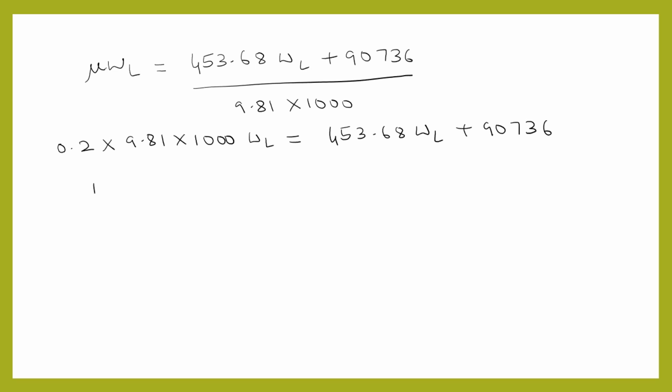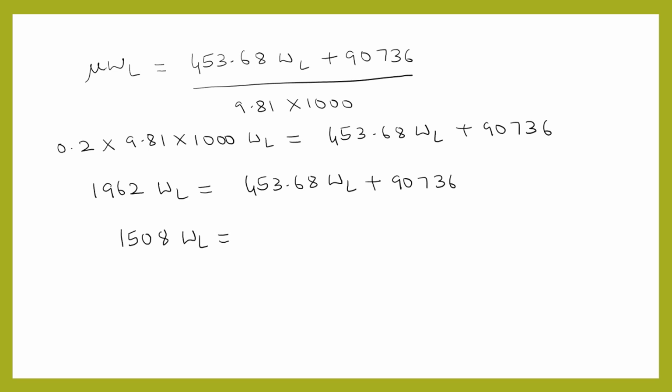So we have this as 1962 WL equal to 453.68 WL plus 90,736. So we get 1508 WL equal to 90,736. Solving this, we get WL equal to 60.15 tons. So this is the minimum adhesive weight of the locomotive.